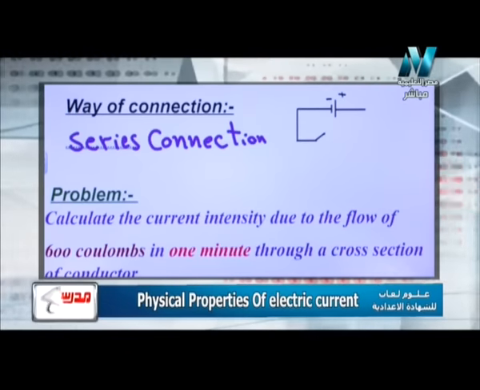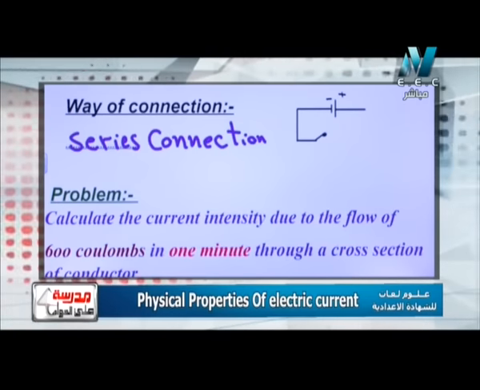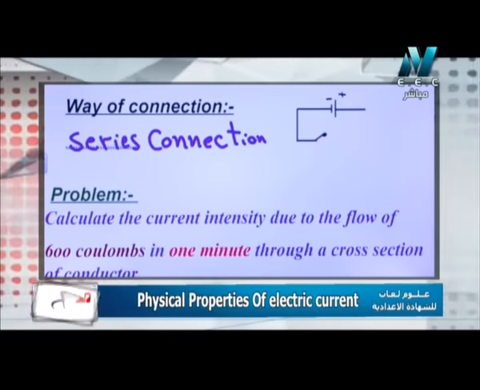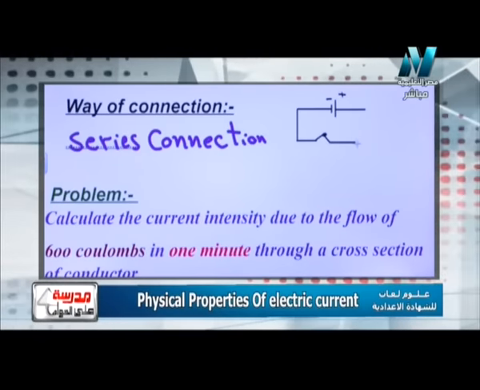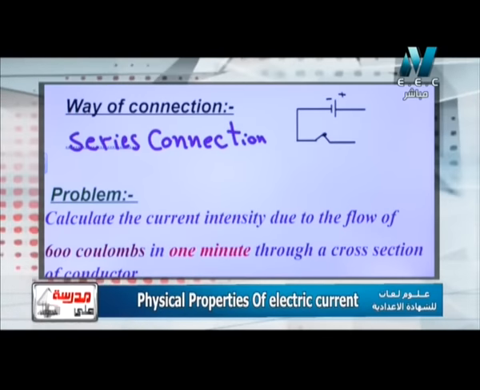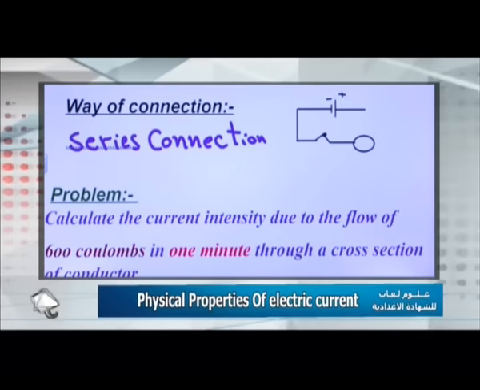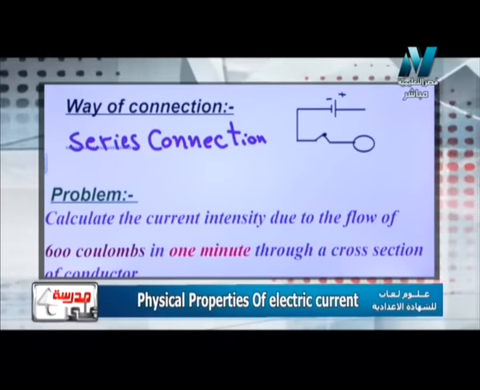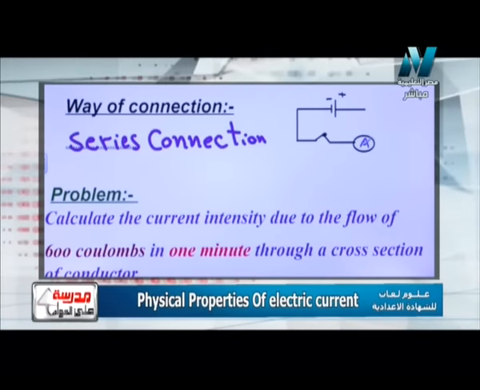We must be aware that the key is the switch. Okay. And here we have an ammeter. Where is the ammeter? Here. Okay. And don't forget to write the letter A inside it, ammeter.